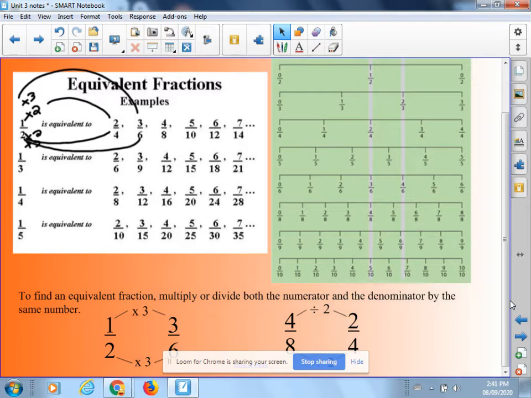So 1/2 times 3 on the top and times 3 on the bottom gives you 3 out of 6. For 4/8, if I divide the numerator and the denominator by 2, that gives me 2 out of 4. Some of you guys remember numerator, the top number in a fraction, denominator, the number at the bottom.